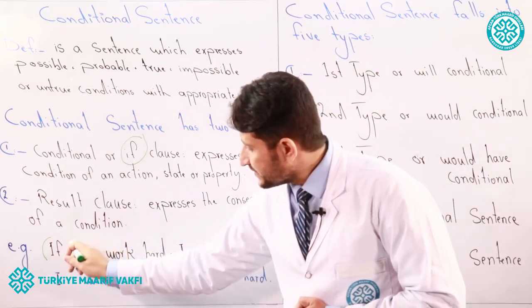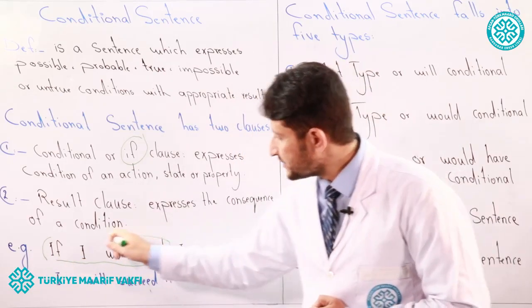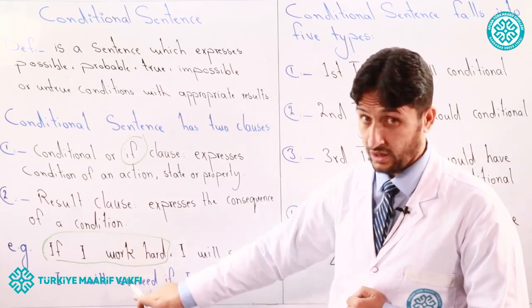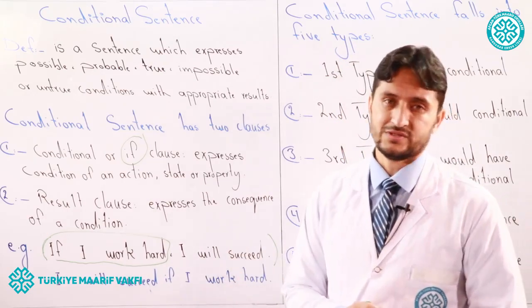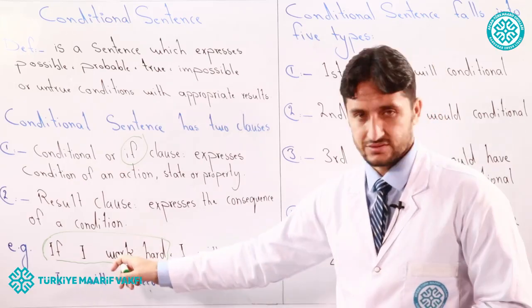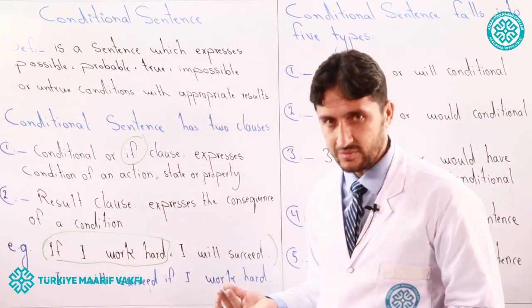This one is conditional clause because it shows the condition of an action. This is an action. If I work hard, this is a condition. What will be the consequence? What will happen if I work hard? See, this is the result of that condition. I will succeed. Succeed means pass. I will pass in life.